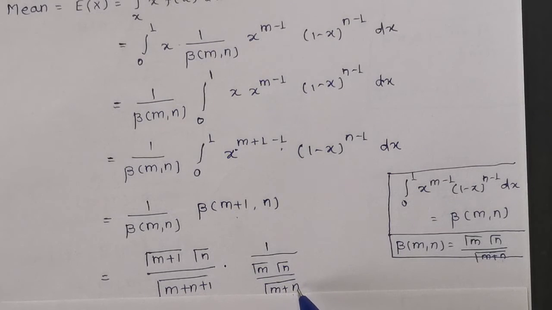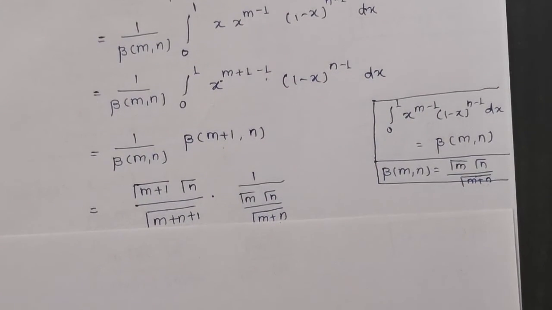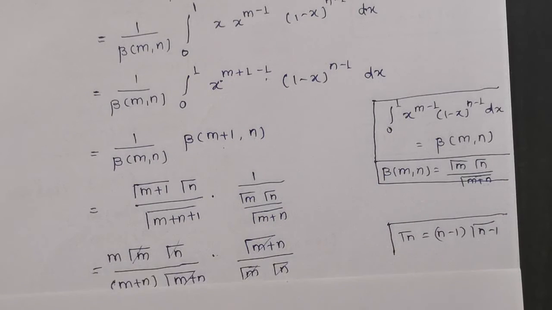So denominator of denominator is numerator. So I have just written it this way: gamma (m plus n) divided by gamma m into gamma n. The denominator of the denominator is numerator, so this gamma (m plus 1) is on the numerator side and this denominator is as it is.